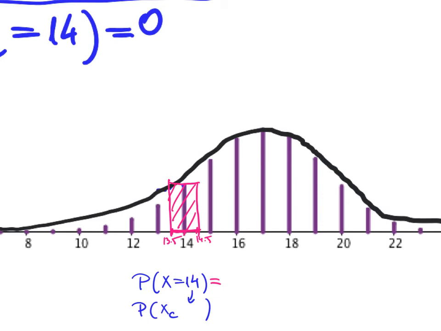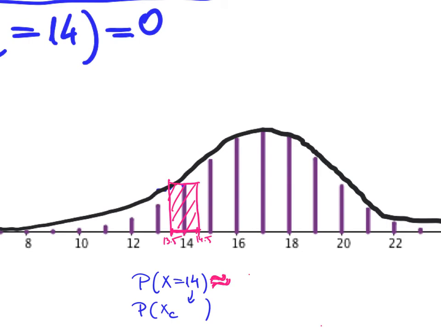Now, maybe my graph is not very accurate, but as you see, some of this area will go out, some of the area will go in, so practically this area we can estimate as the area under the normal distribution. Therefore, to calculate the probability of x equals 14, or to estimate it from the binomial, is the same. We'll say it's the same.